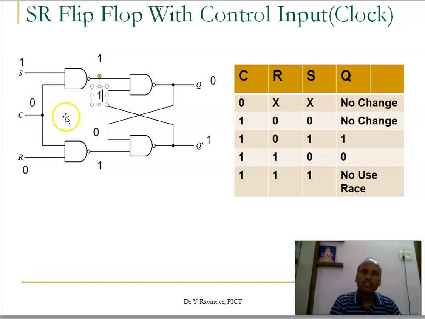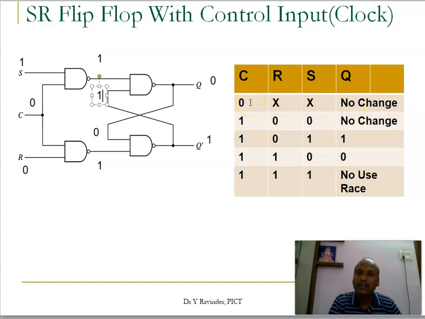So when one of the inputs is 0, irrespective of this 1 and 0, this becomes 1 and this becomes 1. Now if this was 0, it will be 0 only. If this was 1, it will be 1. So it will remain the same. That is called the no change condition.